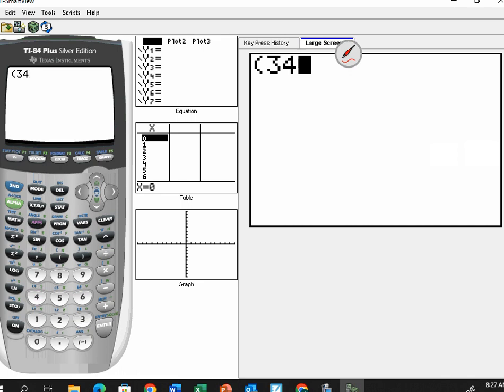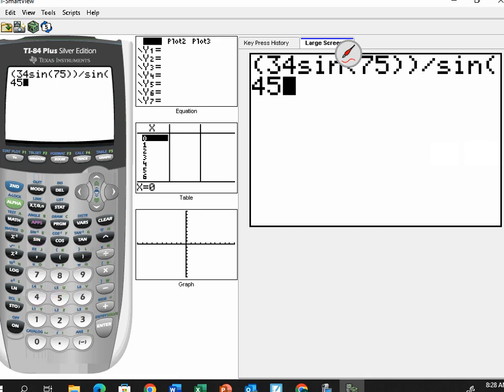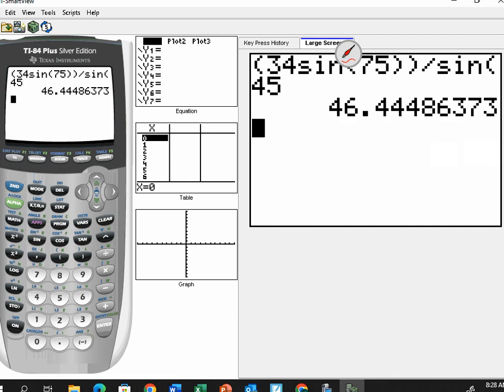34, was it sine of 75? Yeah. I'll just do lots of parentheses. Is that what you're getting? Okay. We are rounding to 3 decimal places here.